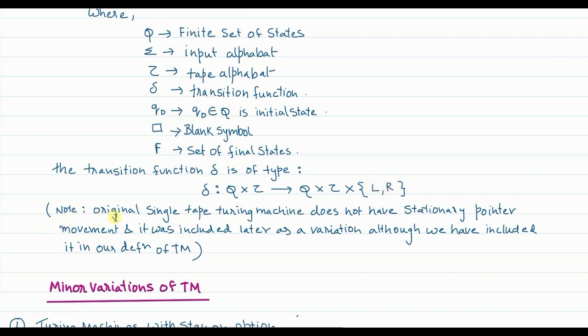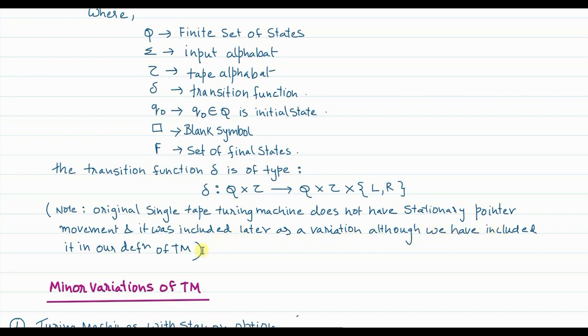So the original single tape Turing machine does not have a stationary pointer movement S. It was included much later as a variation, although we have already included it in our definition of Turing machine.